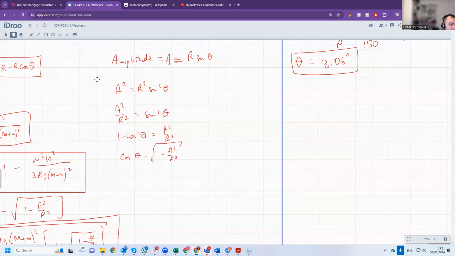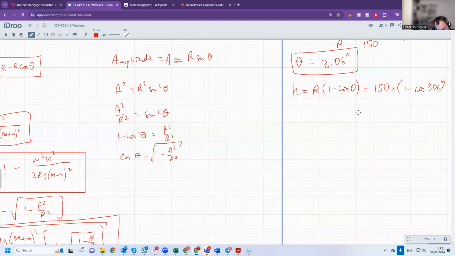And we can work out the height. h is equal to r(1 minus cos theta), which is 150 times (1 minus cos 3.06).